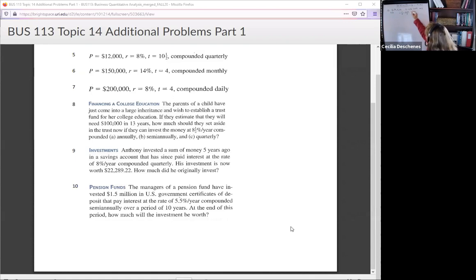So, yep, 0.0275. And our N, which is our M times T, is 2 times 10, or 20 again. All right, so now let's just get that amount. It's going to be the 1.5 million times 1 plus I, so that's 0.0275 raised to the 20th.